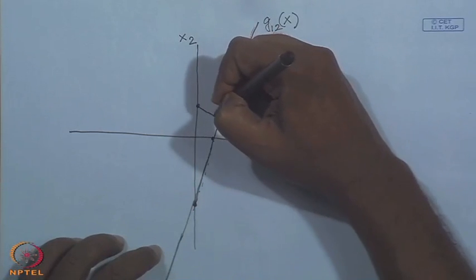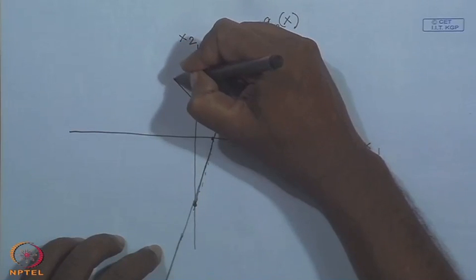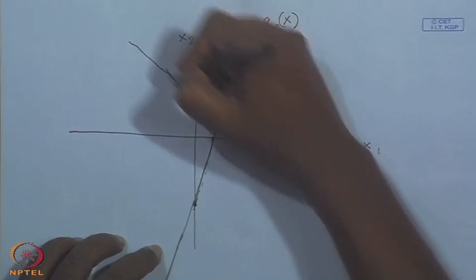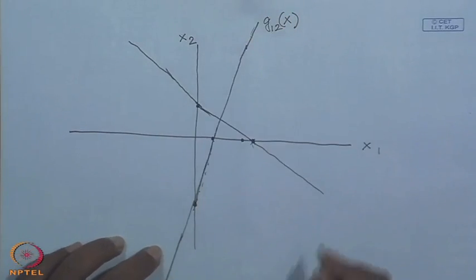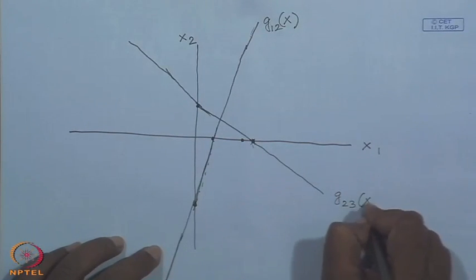So, this is a line which represents g23(x).